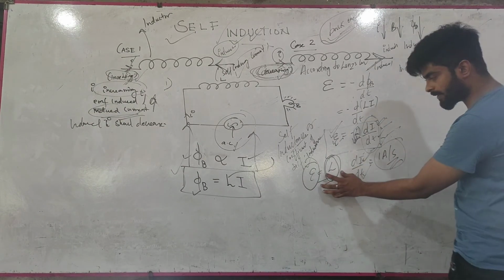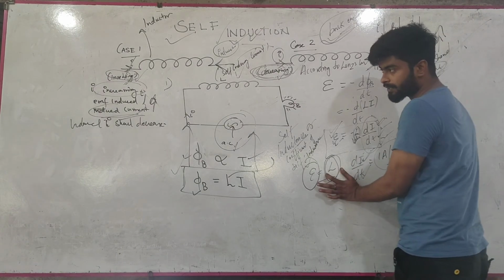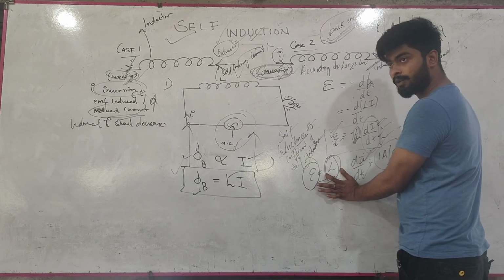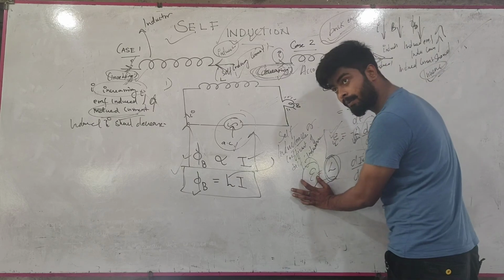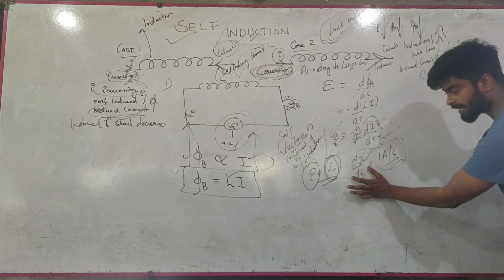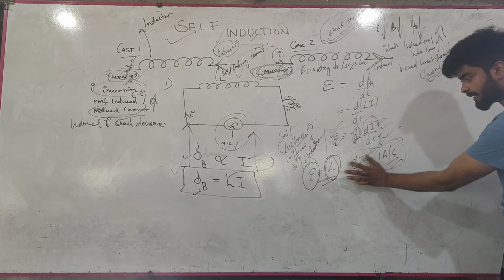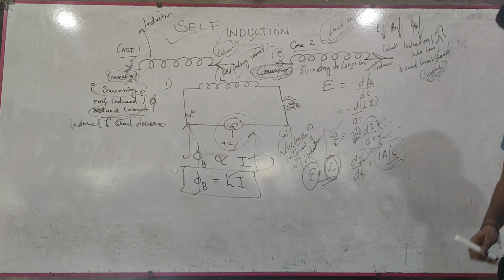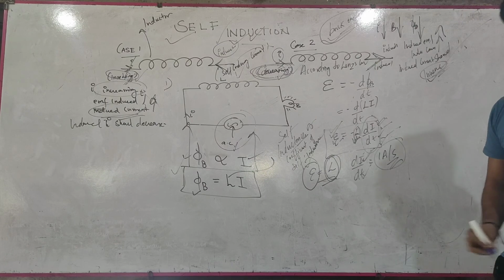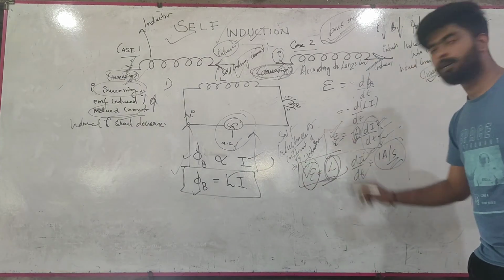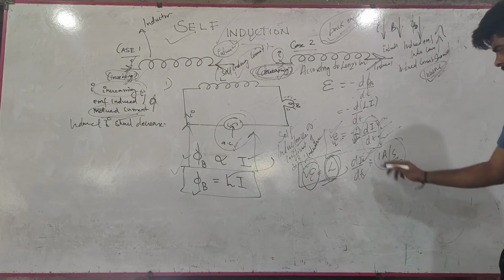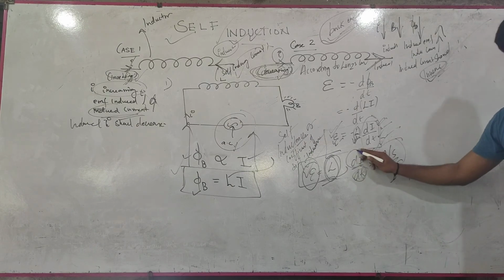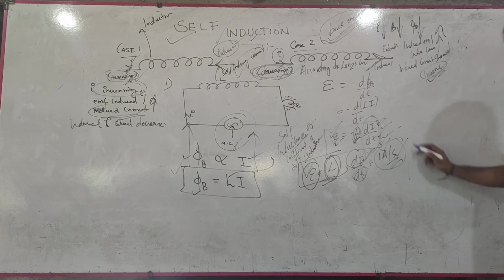So self-inductance of a coil is numerically equal to the EMF when rate of change of current is 1 ampere per second.